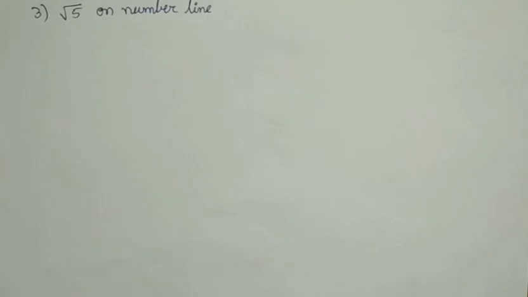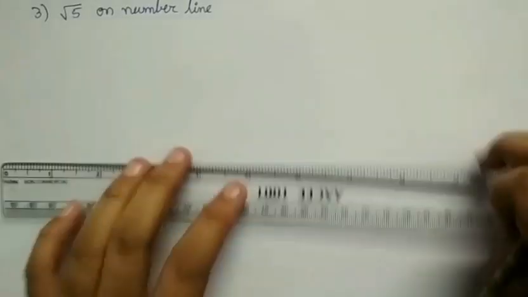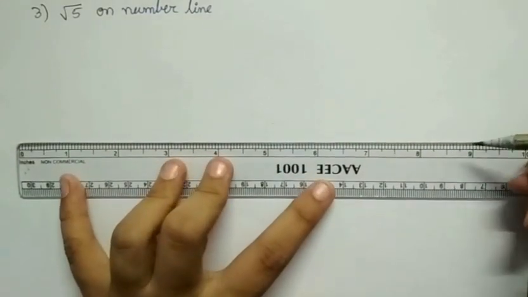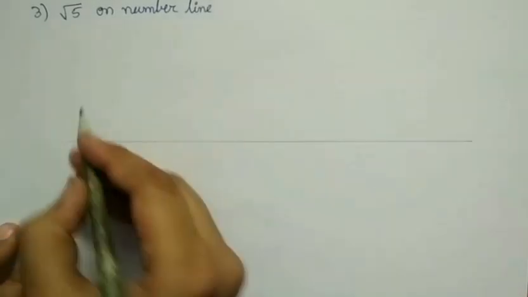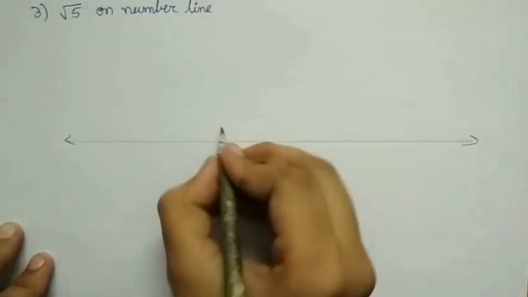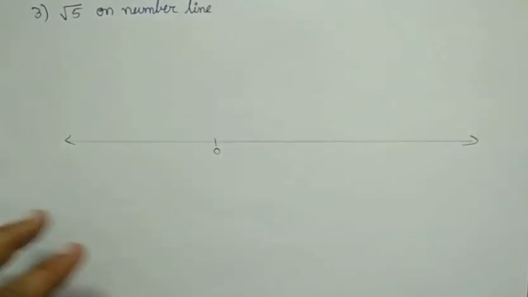So the next example I took is root 5 on the number line. So first we draw the number line. We will mark 0.